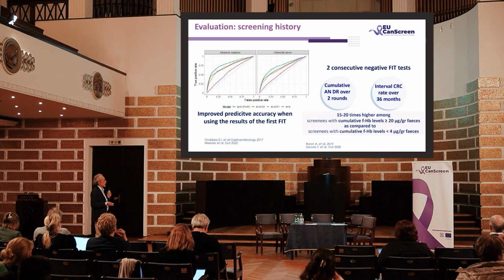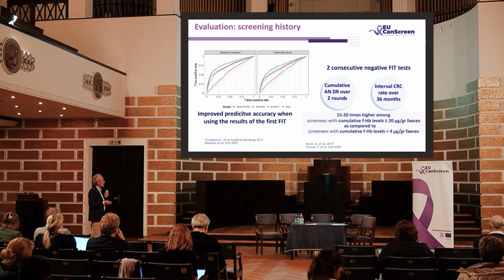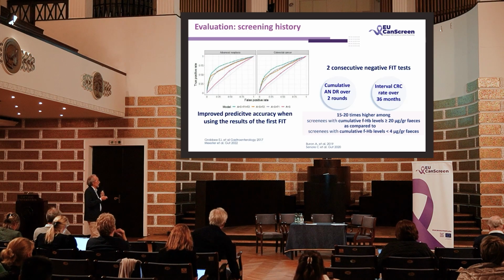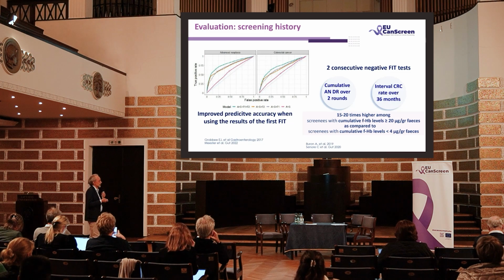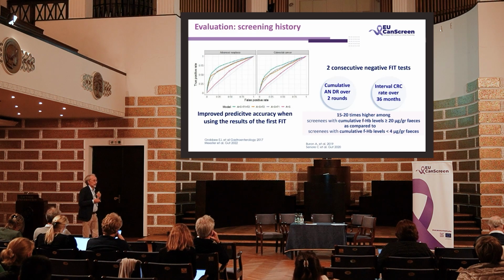And we have a result from a large study in Italy, but a similar result has been provided by a study in Spain, showing that using the cumulative fecal hemoglobin over 2 consecutive FIT tests identifies a high-risk group where the cumulative advanced neoplasia detection rate over 2 screening rounds and the interval cancer rate over 36 months is 15 to 20 times higher than the same outcomes in the group with very low fecal hemoglobin level.